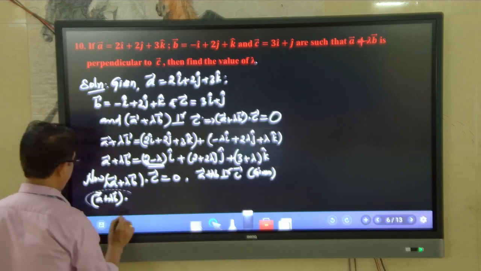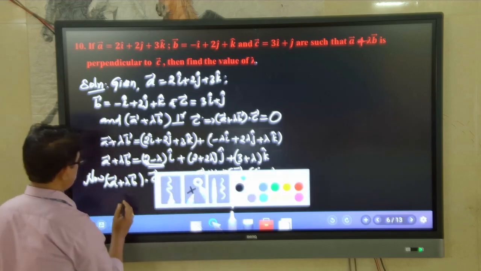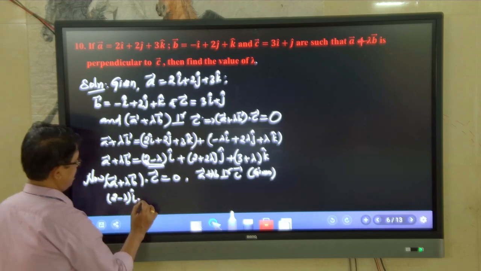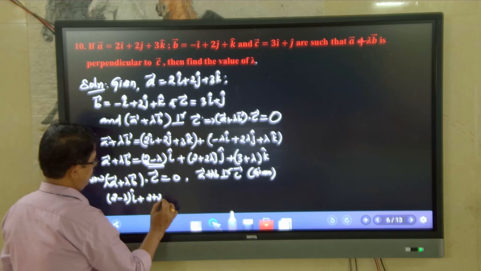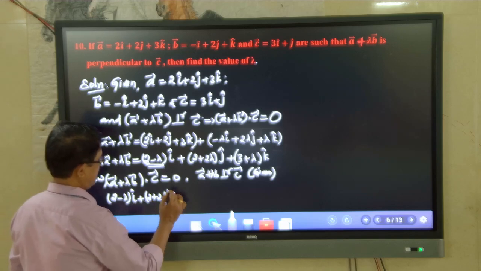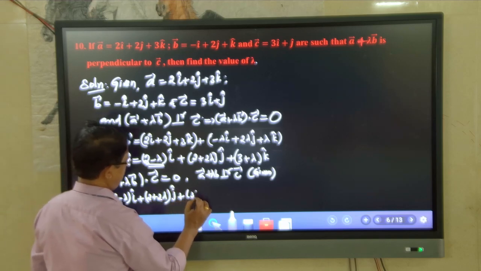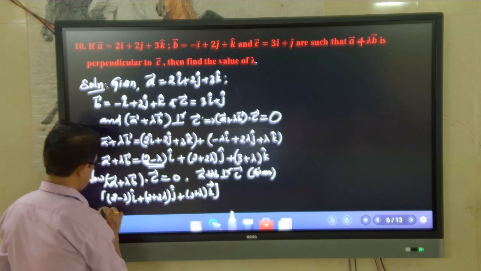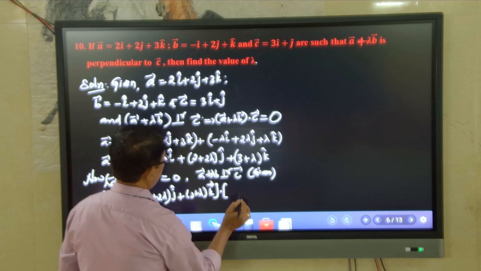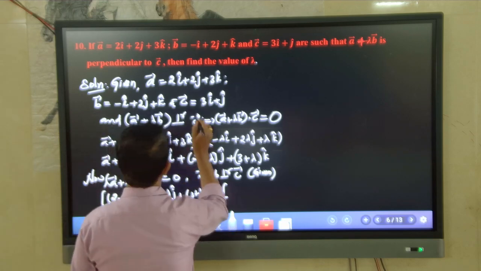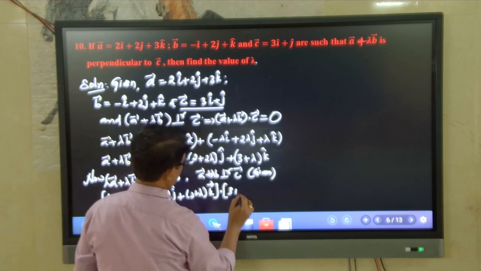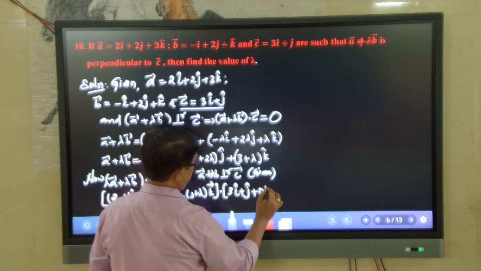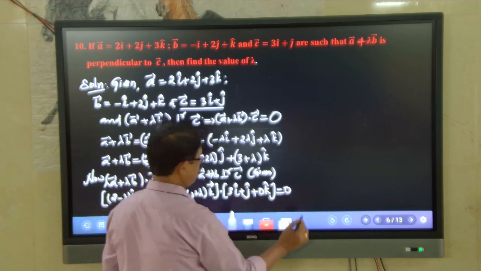I will write the values: (2 − λ) i + (2 + 2λ) j + (3 + λ) k dot. What is the c vector? 3i + j. There is no k, I will take it as 0.